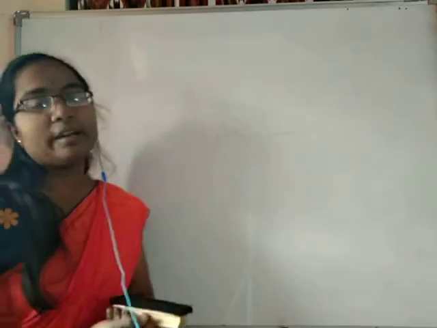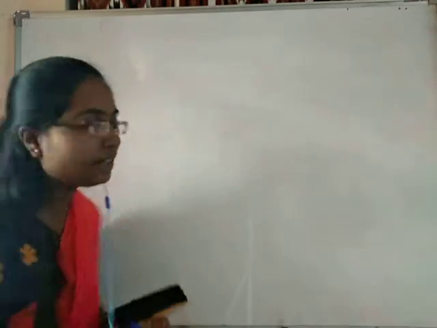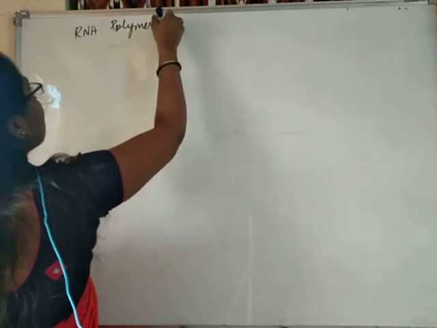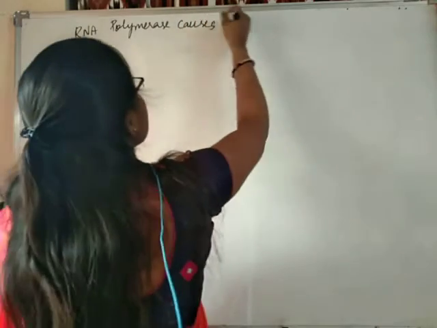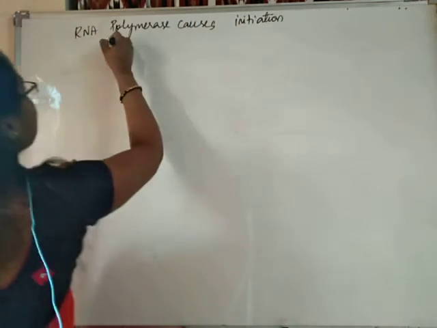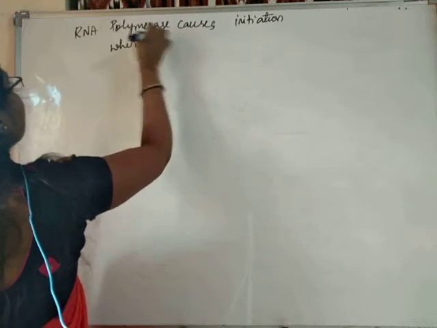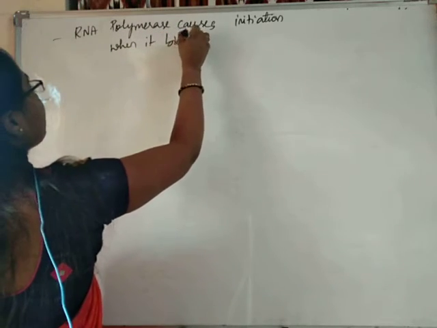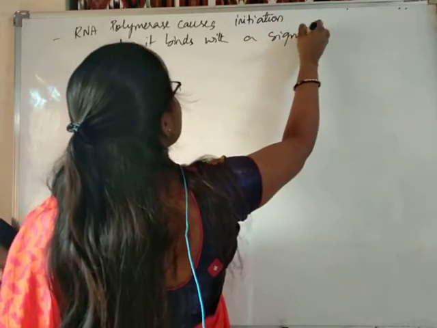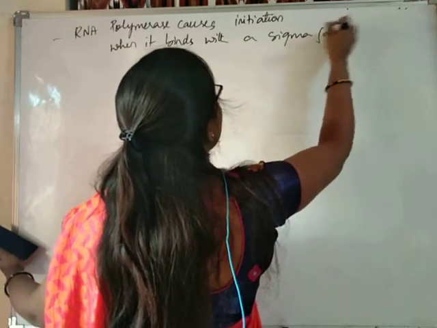So students, you know, this RNA polymerase is able to carry out initiation when it binds with a sigma factor.